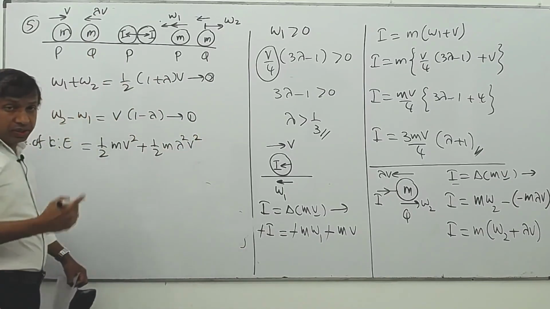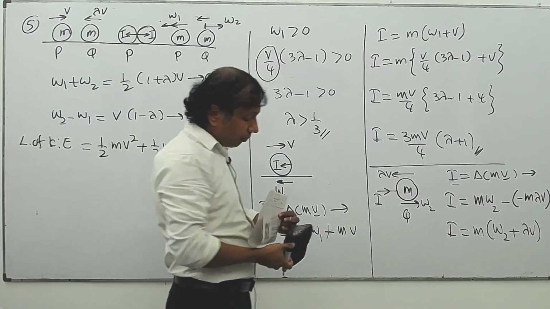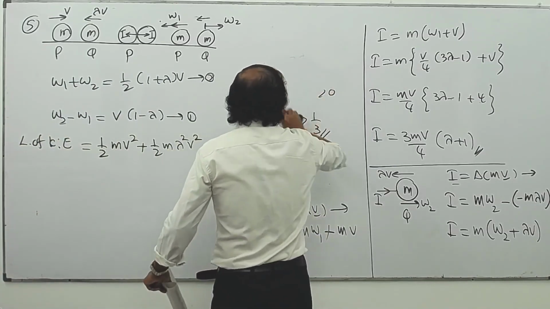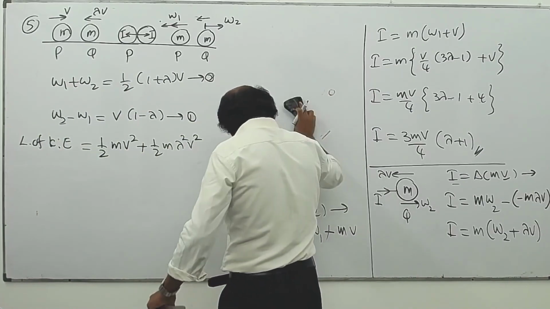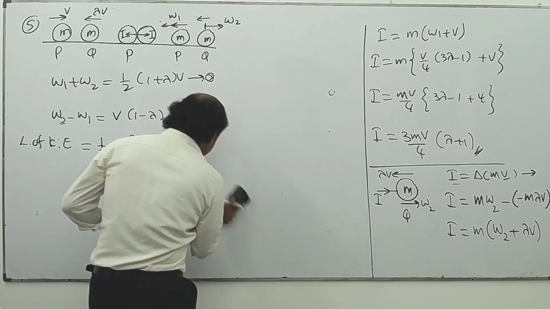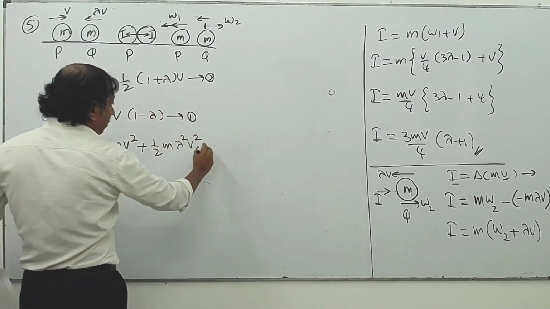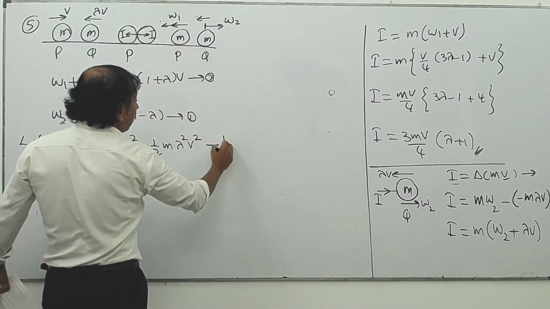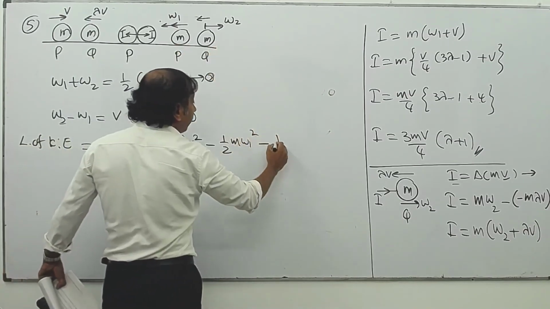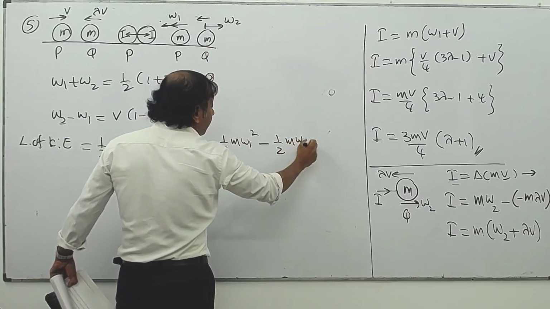This is the initial energy minus the final energy, that means the energy after impact: minus half m w1 squared minus half m w2 squared.